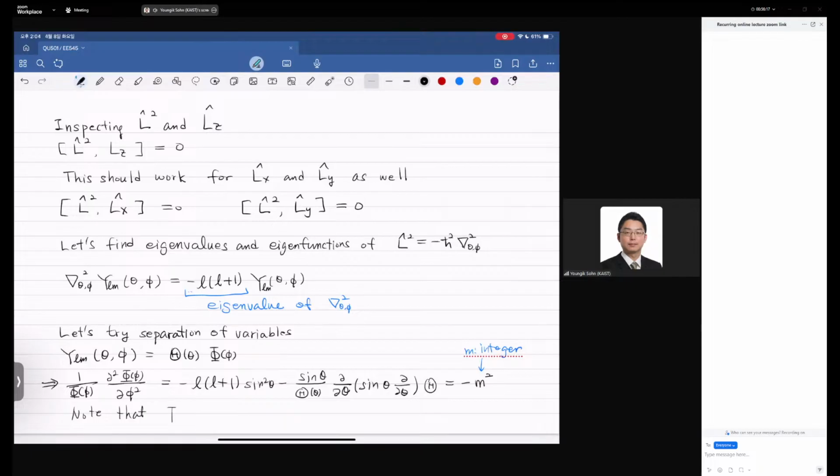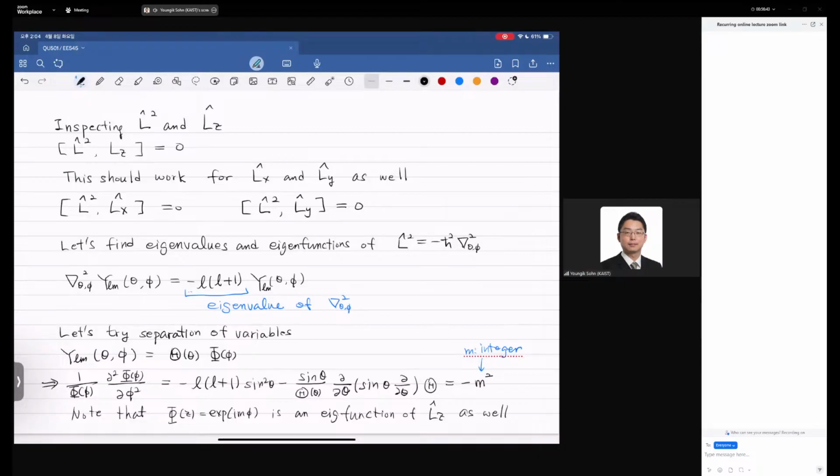So this part's solution is an eigenfunction of L_z as well.